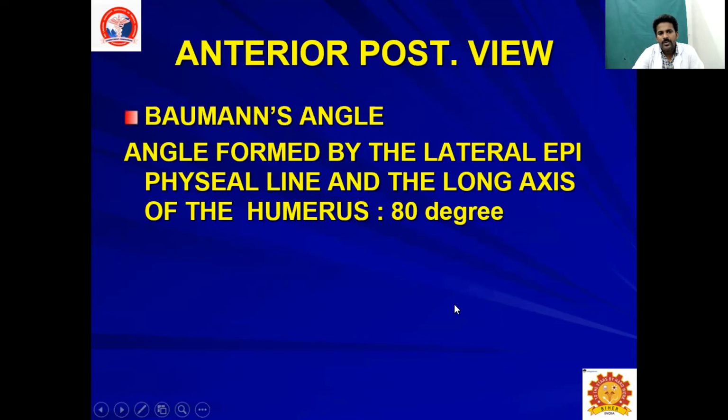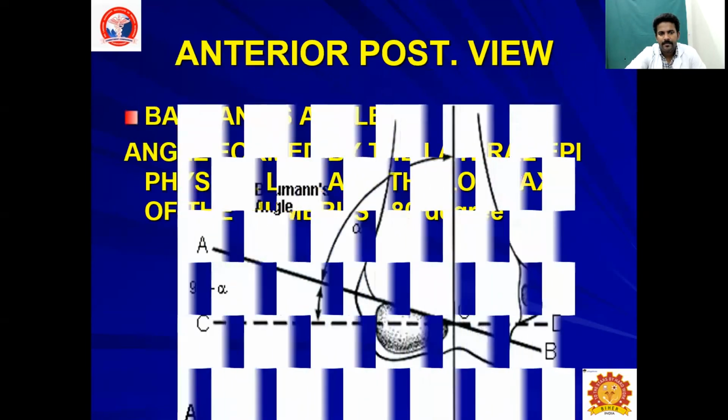In the anteroposterior view, we want to assess the Bowman's angle, which we are going to discuss in the later slides. The Bowman's angle is the angle formed by the lateral epiphyseal line and the long axis of the humerus, which is approximately 80 degrees.